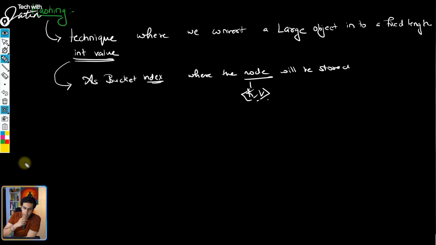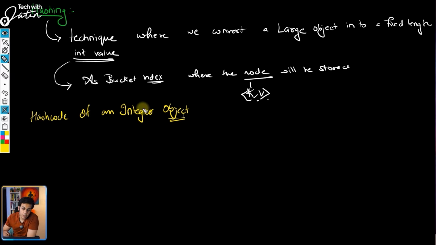If you don't want to create your own custom hashing algorithm, Eclipse also does a very decent job. They have inbuilt hashing methods which you can use, and they will generate the entire hash code for you, guys. Now over here, I want to generate the hash code of, let's say, an integer object. I have written integer object.